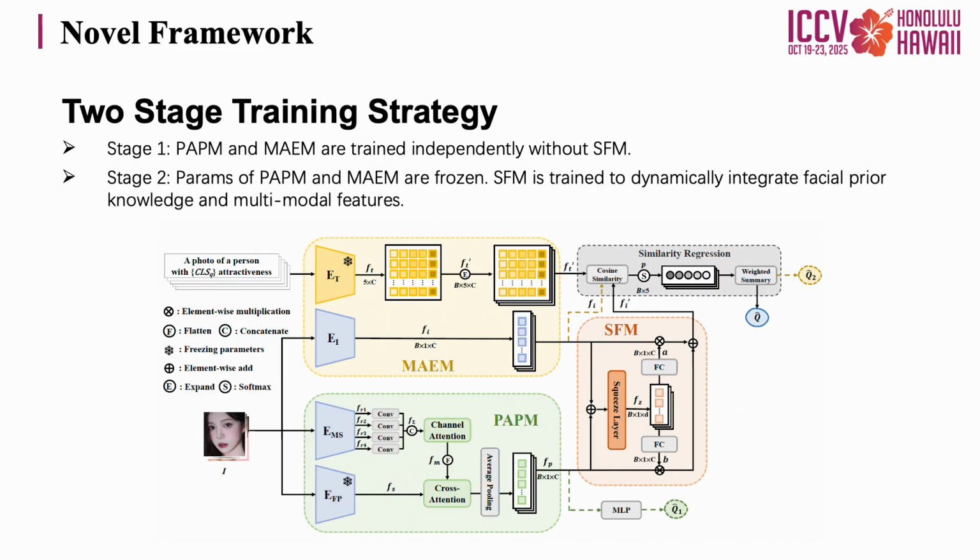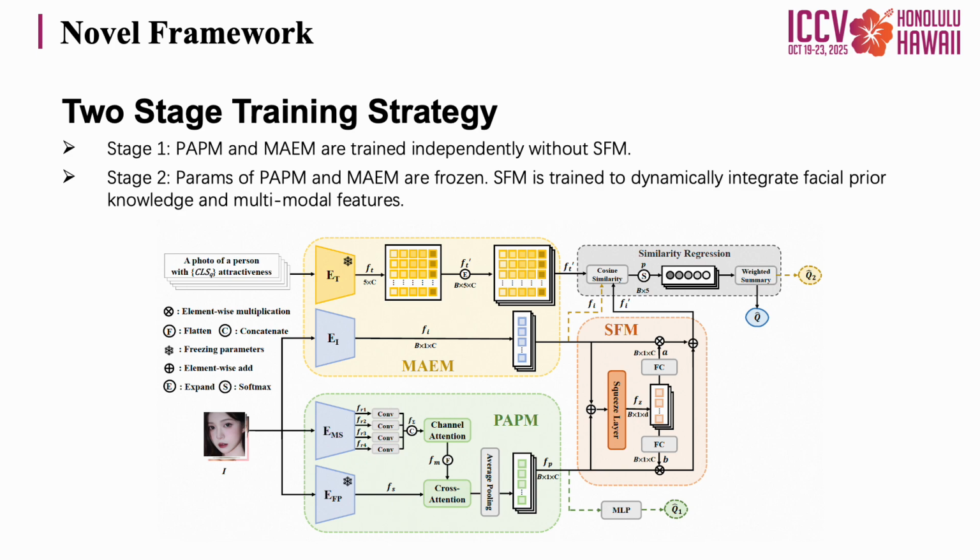Furthermore, based on the established dataset, we propose a no-reference FAP model termed facial prior enhanced multimodal model, FPEM, to predict the facial attractiveness by extracting and integrating holistic facial prior knowledge and multimodal aesthetic semantic features.